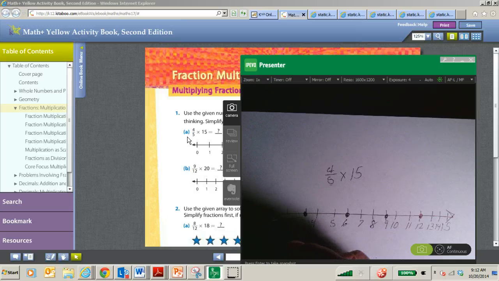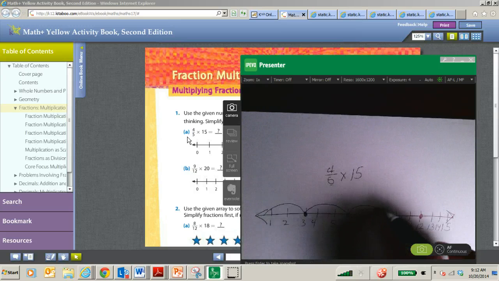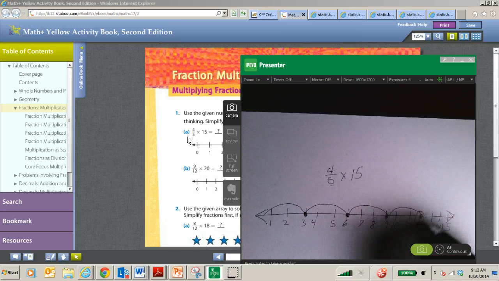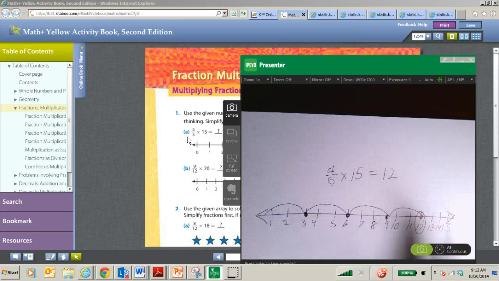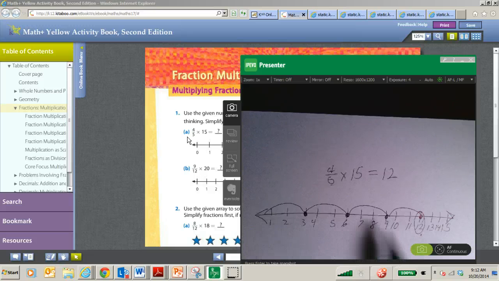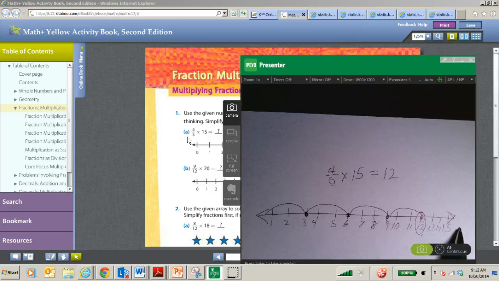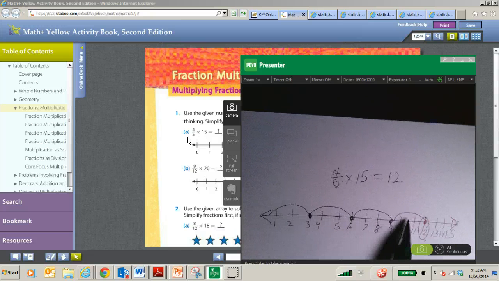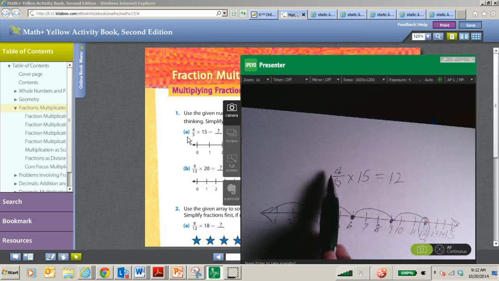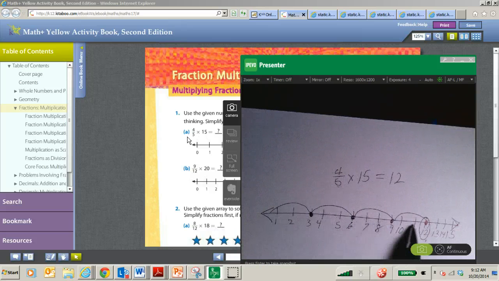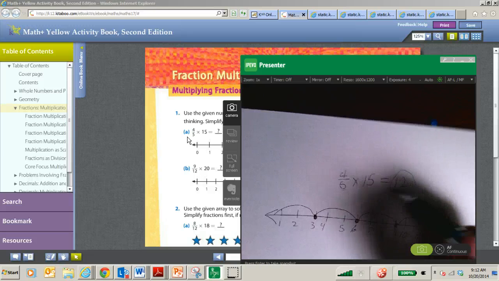If I want 4, I'm going to say 1, 2, 3, 4. So the answer is 12. If we divide 15 by 5 equal pieces, we have 3 in each group, and if we have 4 of those groups, that means we have 12 in all.